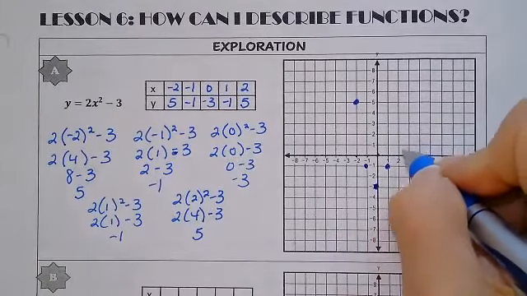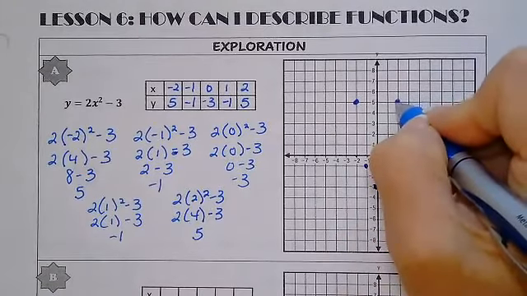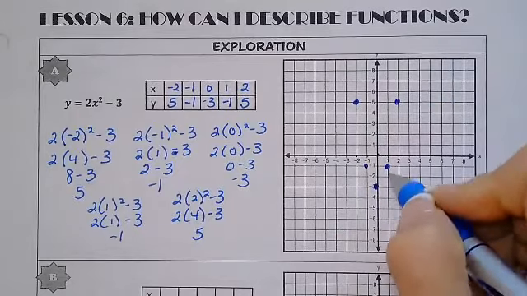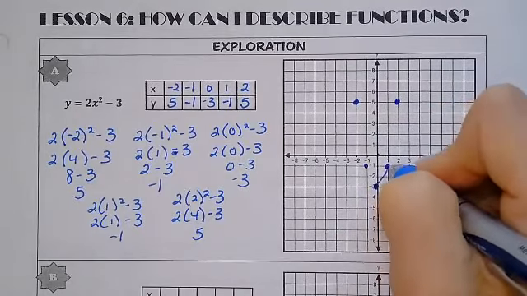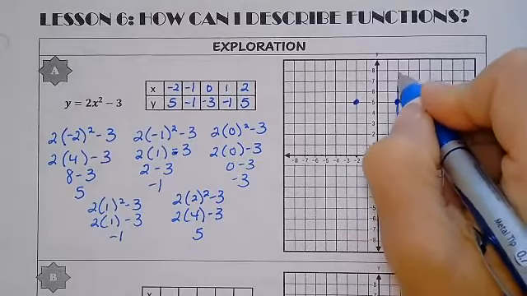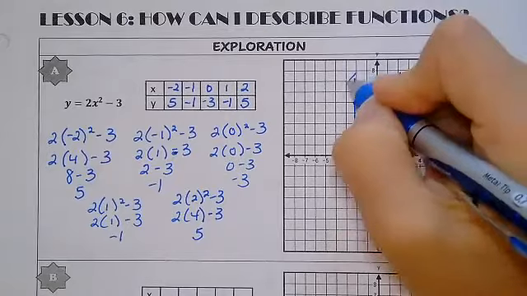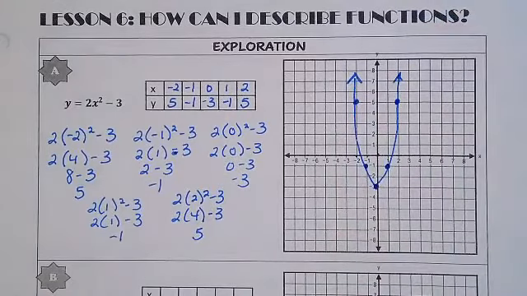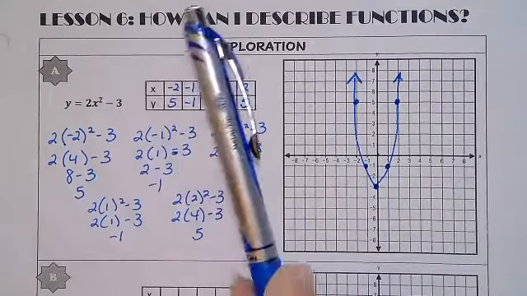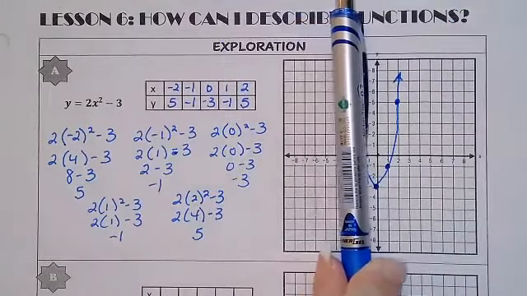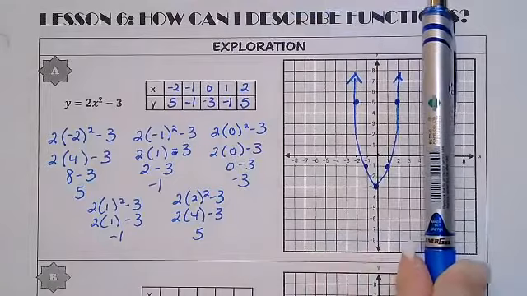And 2, 5. All right, now I'm going to graph this. Okay, this is a function. If I were to use the vertical line test, it would only cross at one point.